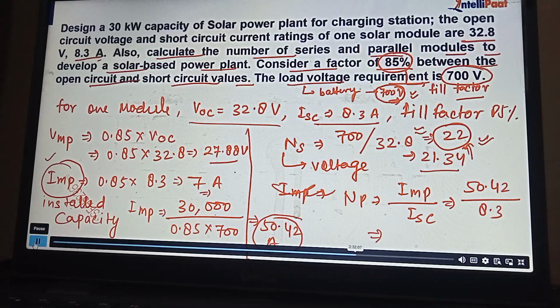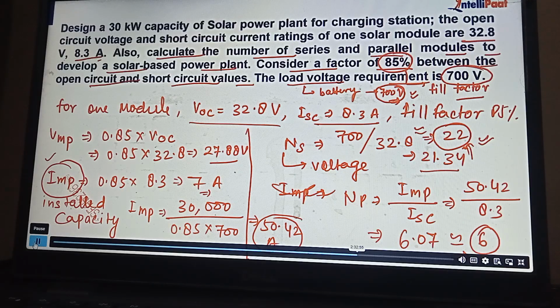Can you divide these values? It's 6.07. So it is equivalent to 6 panels in parallel.